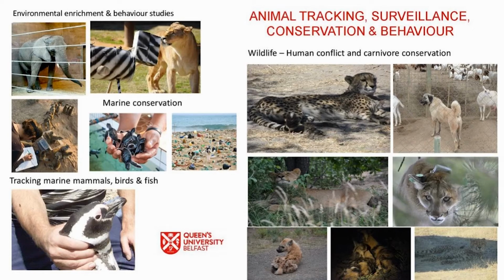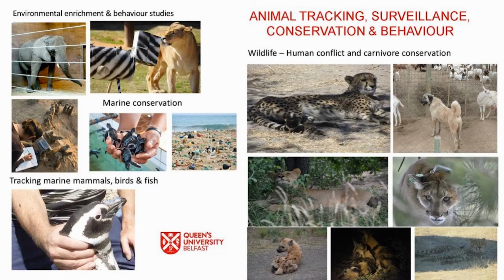Instead, animals can be fitted with trackers, and this has been used for a range of marine birds, mammals, and fish, as well as terrestrial carnivores. Such methodologies are playing an important part in human-carnivore conflict understanding, informing us of potential solutions. Such detailed information on movement and territories may help identify future solutions.